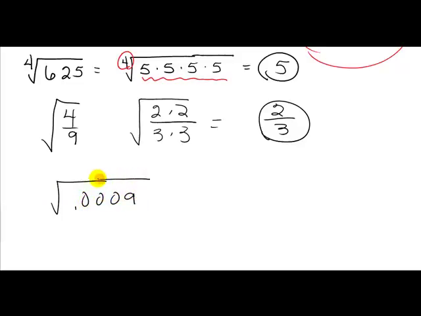We can do the same thing with a decimal number. Now notice this has 4 places, and so you want to think back to when you multiply decimals. If I multiply a decimal times a decimal and they're only tenths, then when I go to do this, I'll have 2 places. Well, I need 4 places. So if 1 and 1 gives me 2, that means I'm going to have 2 and 2 here.